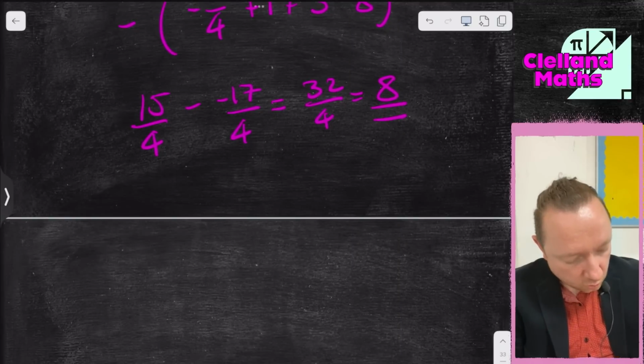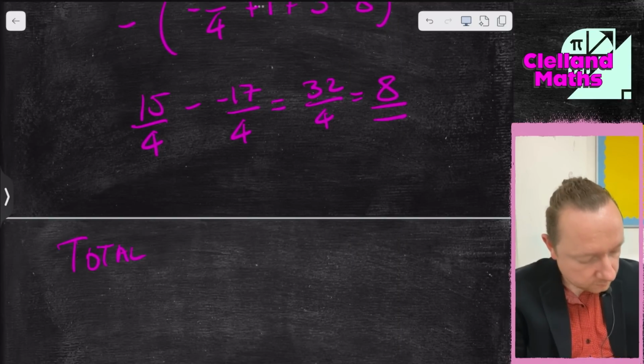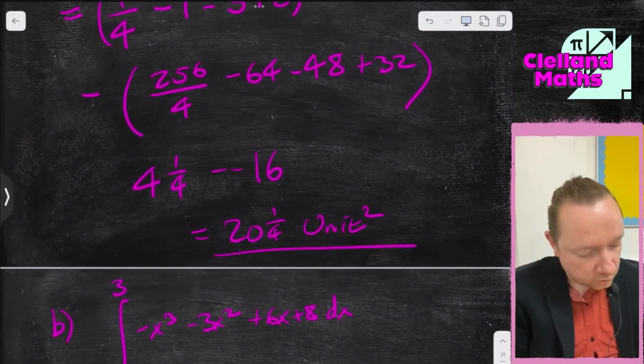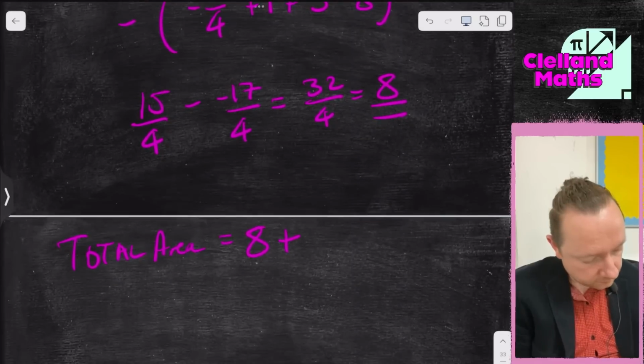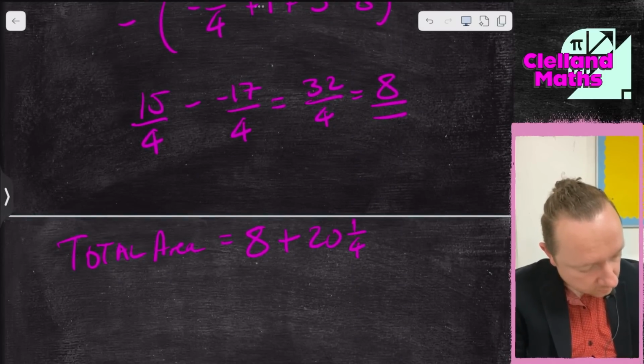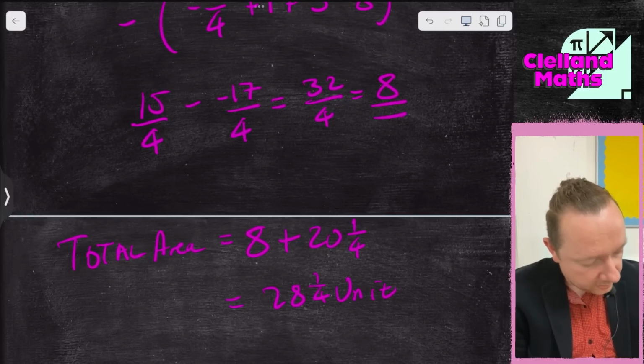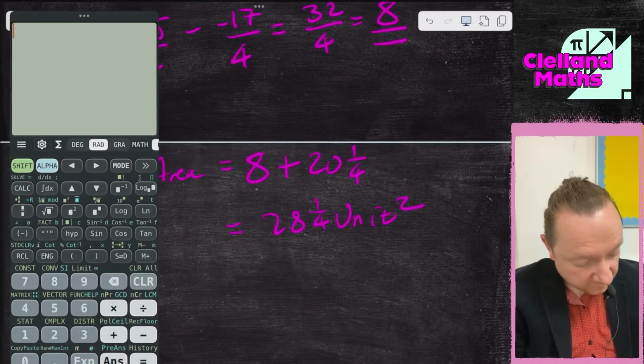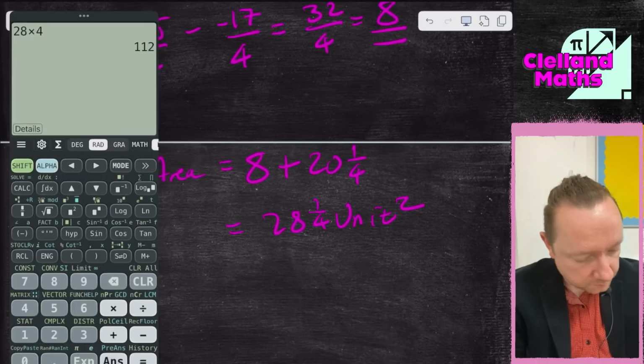So that means that our total area, because that's just 8 for that bit, and then our first bit was 20 and a quarter. That gives me 28 and a quarter units squared, or if you preferred it as an exact value, like a fraction, you get 113 over 4.